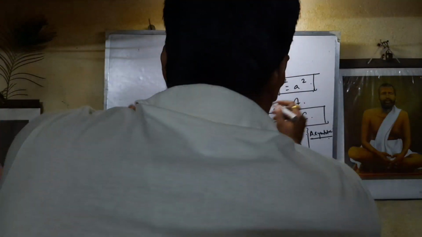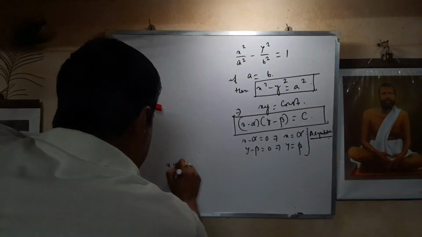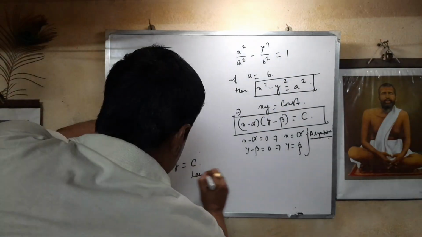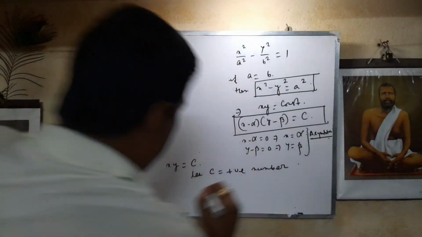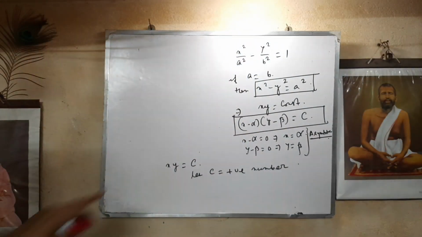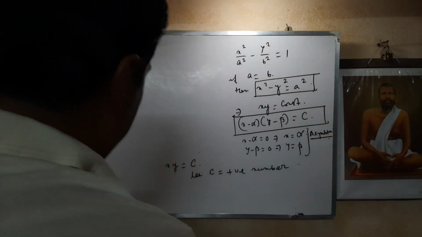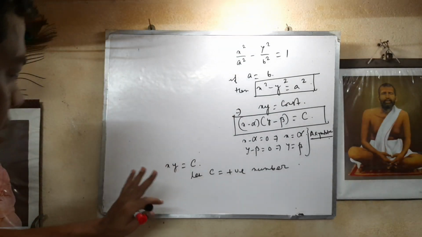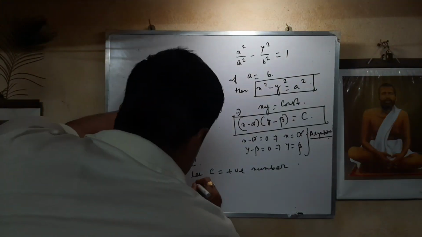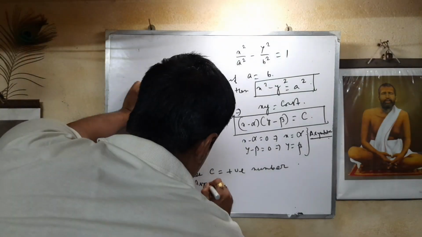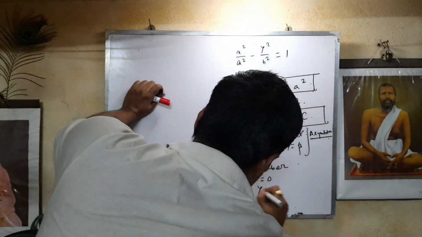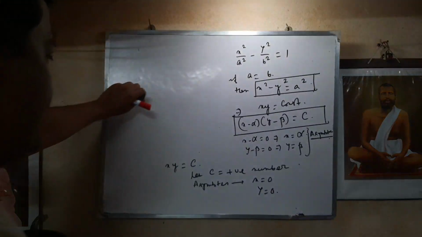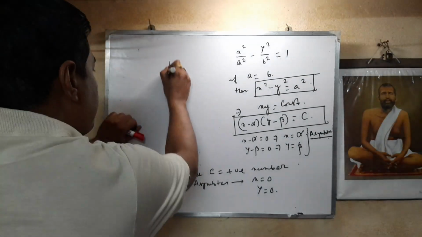But if xy equal to c, let c be a positive number. First let us draw this type of curve. So the asymptotes to this curve will be x equal to 0 and y equal to 0. The asymptotes will be x equal to 0, that is y axis, and y equal to 0, that is x axis. Now let us draw such a curve.